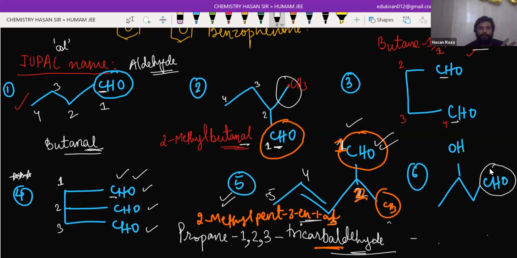I'm repeating again: one will be the senior, and the rest of the functional groups, let's say 5 functional groups are there and one is senior, the rest 4 will be treated as branches. So the numbering will be given 1, 2, 3, 4. Okay, now this is your branch. Do you know when alcohol is used as a substituent or branch, what name do we give? Tell me.